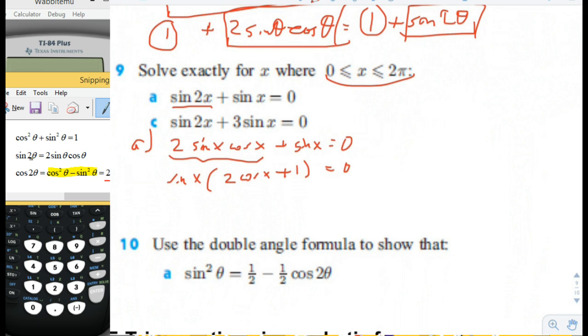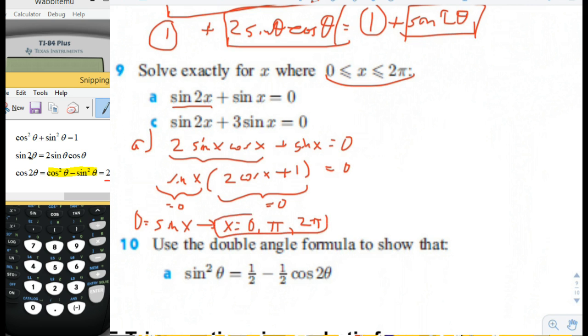So now, to figure out when this whole thing equals 0, we could say, okay, when does this equal 0, and then when does this equal 0? Do that separately, and whenever either one equals 0, the whole thing is equal to 0. We've used that technique many times, right? So when does sine x equal 0? Sine x is equal to 0 when x equals 0, or when x equals pi, or when x equals 2 pi.